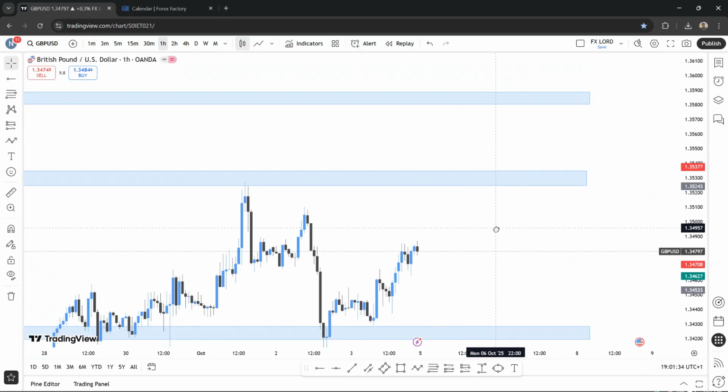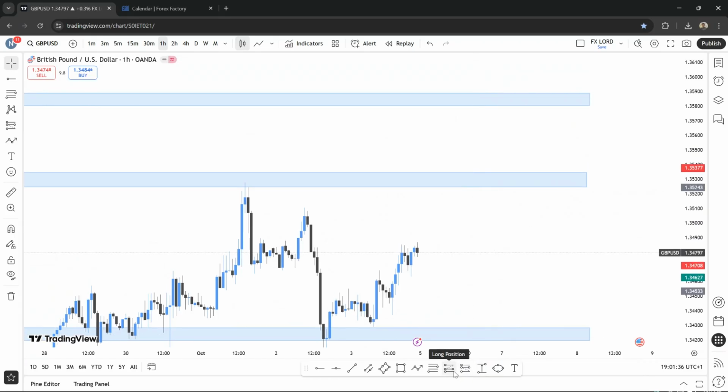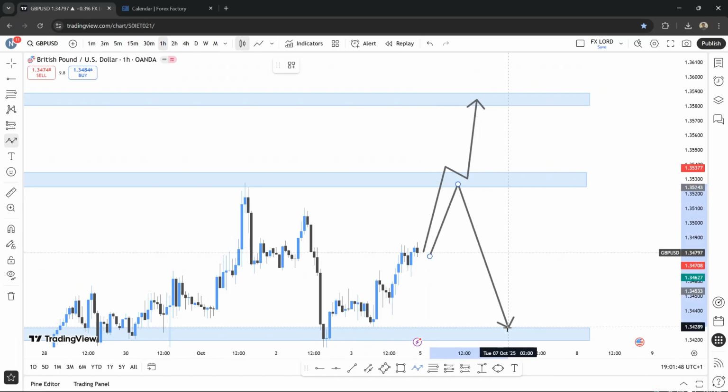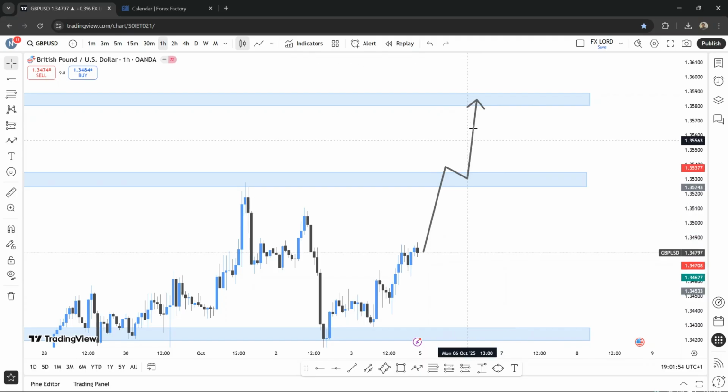My bullish scenario is GBPUSD coming from this level to this level, breaking and entering into this level. And my bearish scenario is GBPUSD getting to this level and falling back to the support level. So this is my bearish scenario and my bullish scenario on GBPUSD.